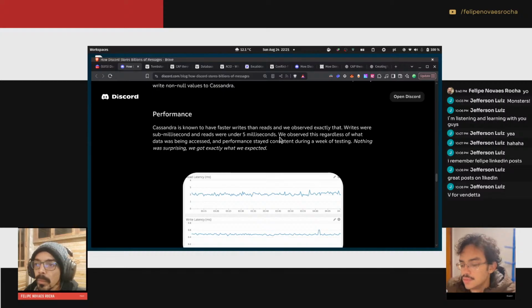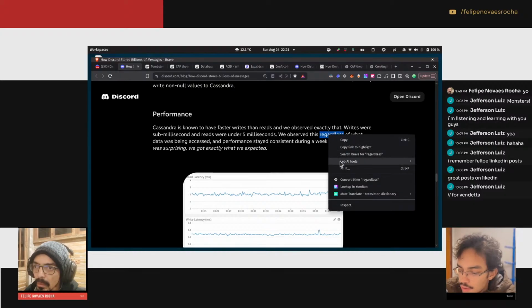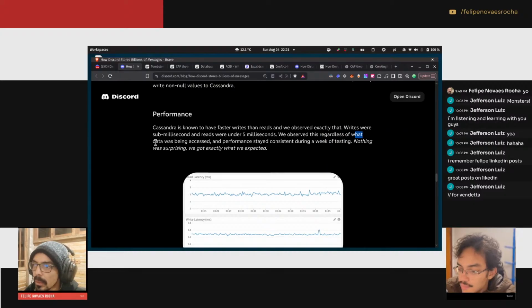Maybe. We observed this. So that's fast. I was comparing with the pinging stuff, like 80 milliseconds. Regardless of what data was being accessed, the performance stayed consistent during a week of testing. Nothing was surprising, it was what we expected.